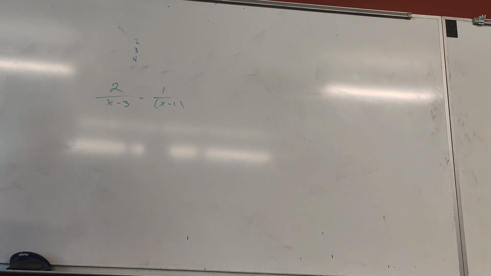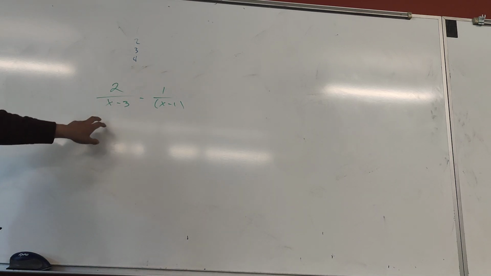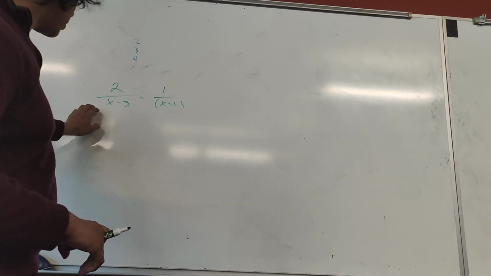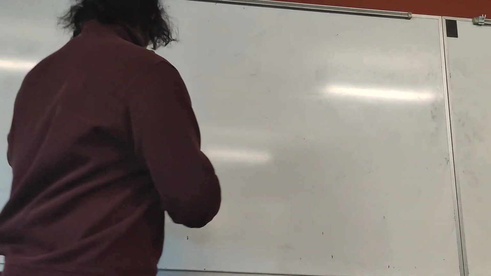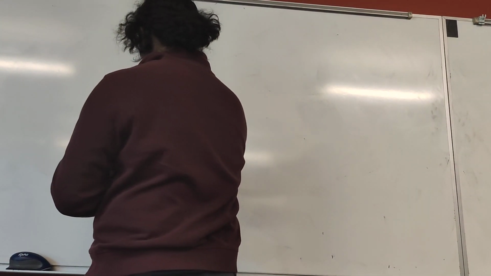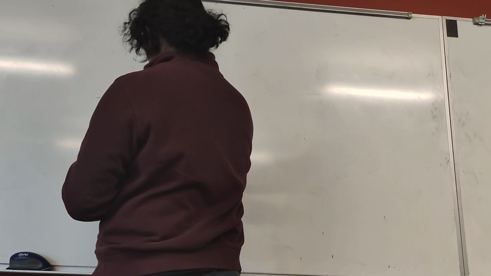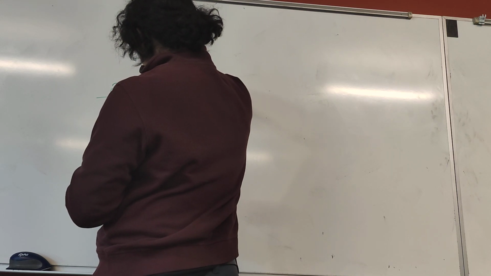Yeah, just multiply the denominators together. So you're gonna multiply here, you're gonna multiply like this, and you're gonna multiply like this.